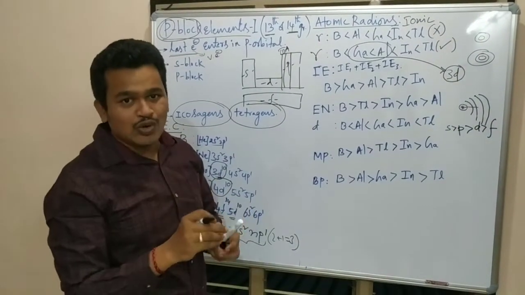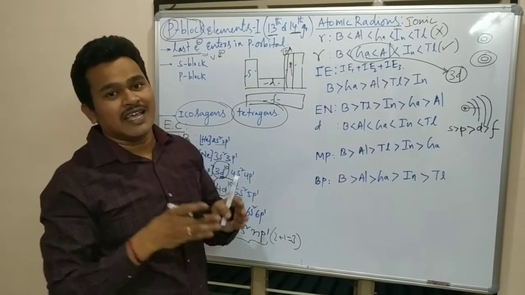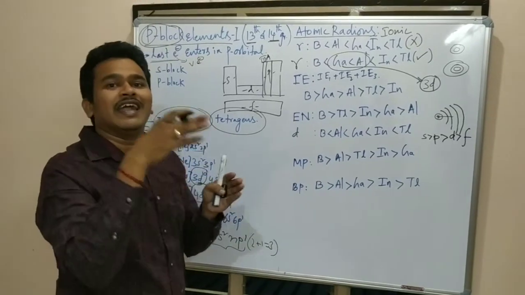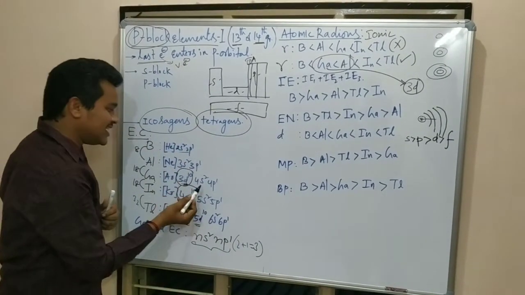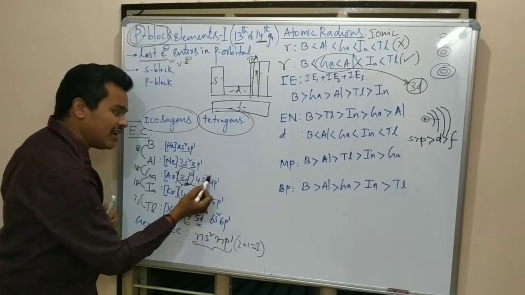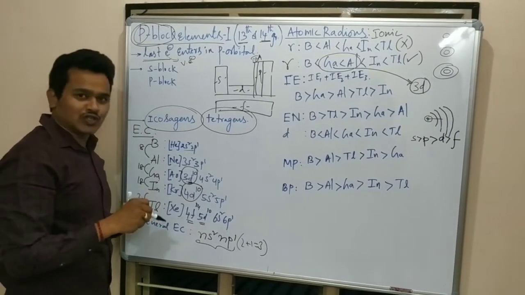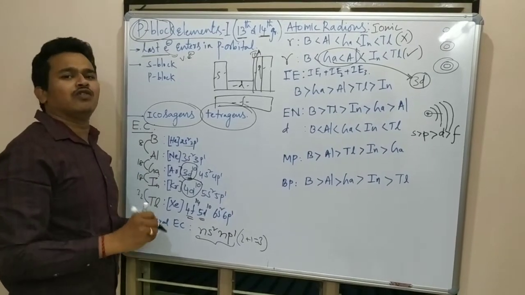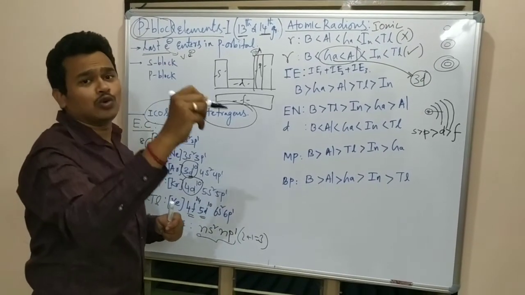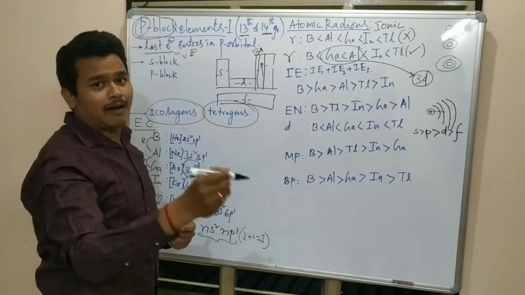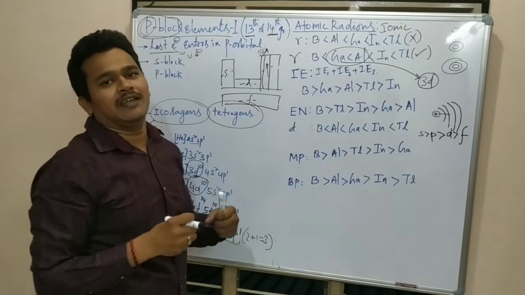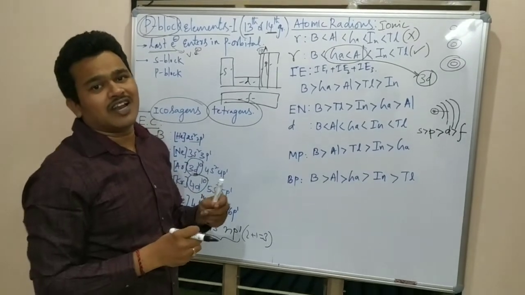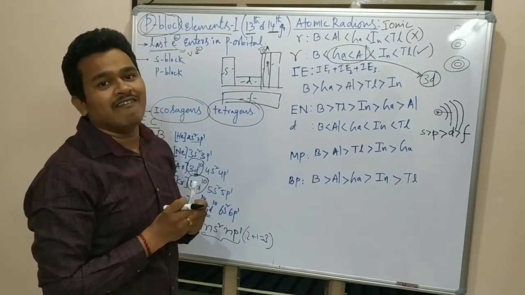So the nuclear force of attraction is passing through the D subshell and falling on the valence electron. When the nuclear force passes through the D subshell onto the valence electron, it pulls the valence electrons inside.